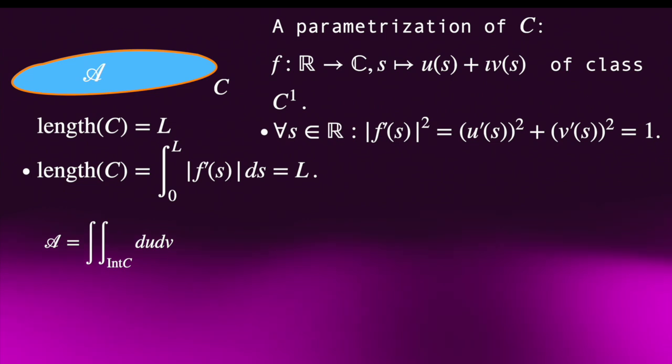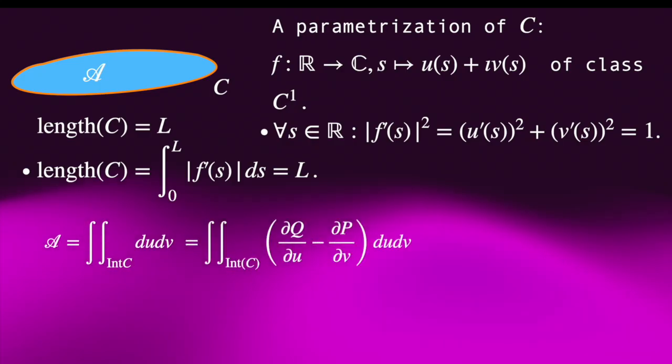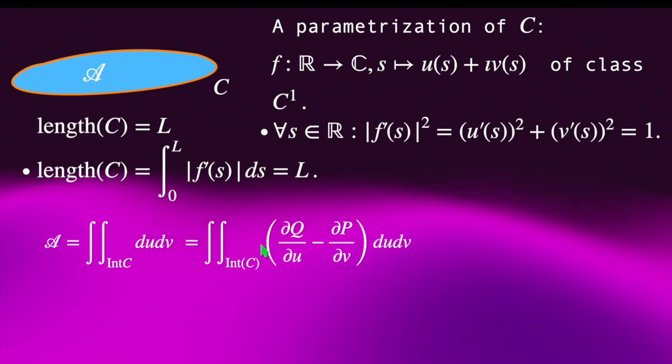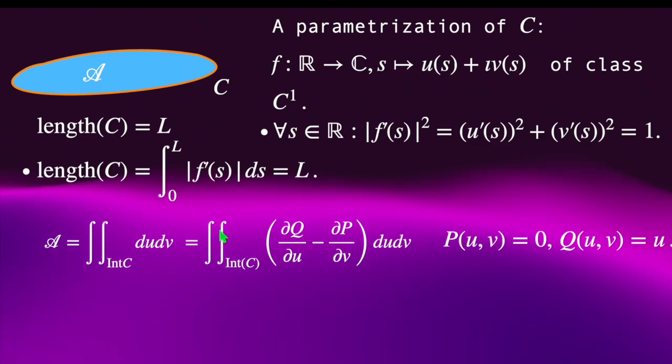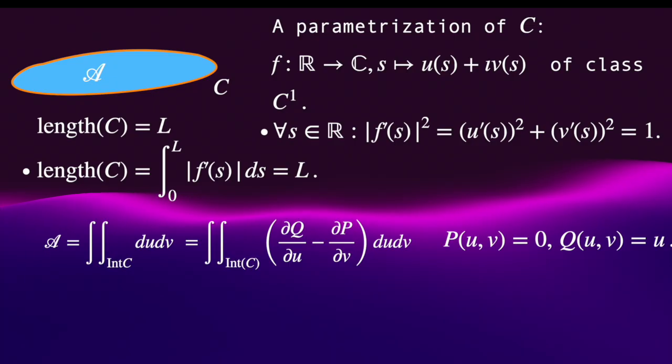And the area is the double integral over the interior of C of du dv. We will write this in this form by taking this quantity equal to 1. And why do we do so? We do so to apply the Green-Riemann formula.